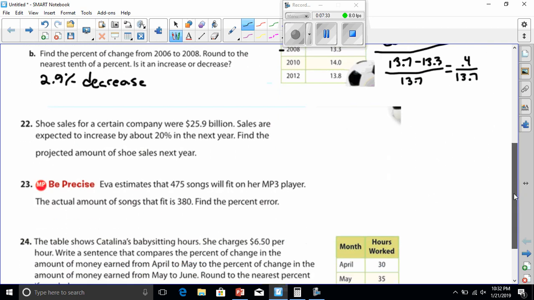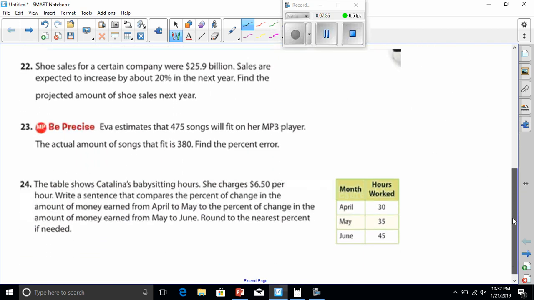All right, I'm off to number 23 now. It says Eva estimates that 475 songs will fit on her MP3 player. The actual amount of songs that fit are 380. Find the percent of error.